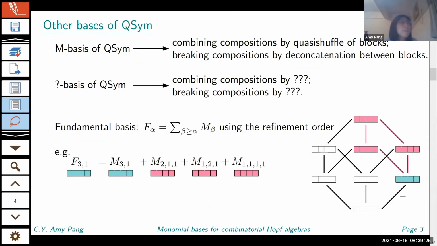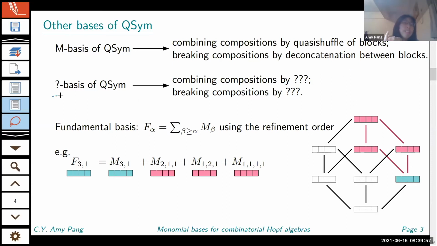Okay. So the same Hopf algebra can have many different bases. Even though the products and the coproducts in the linear algebra are the same because you're in the same Hopf algebra, when you express these rules in terms of the combinatorics, they will look different. Like in the monomial basis, you see a combining rule given by quasi-shuffle of blocks, and a breaking rule given by the deconcatenation between blocks.